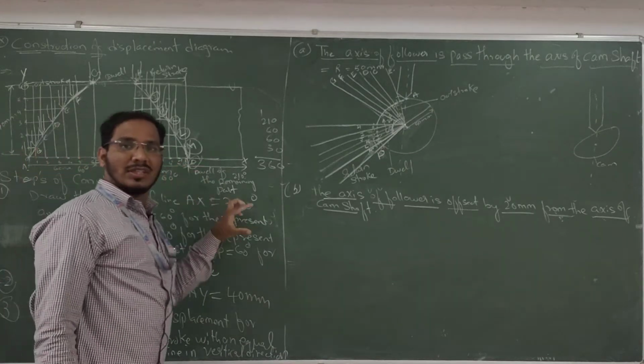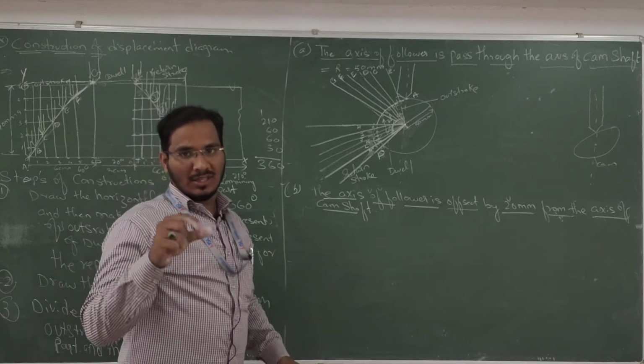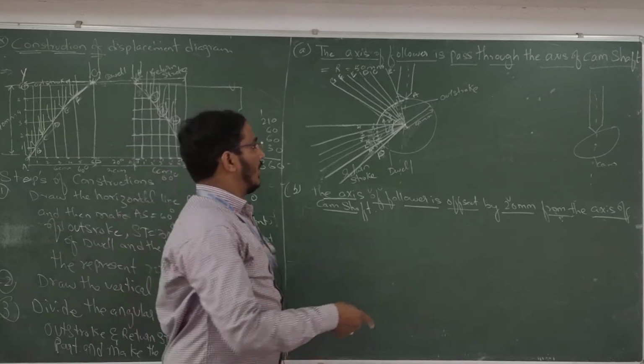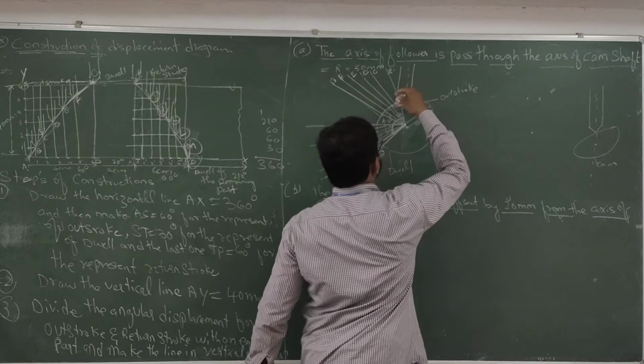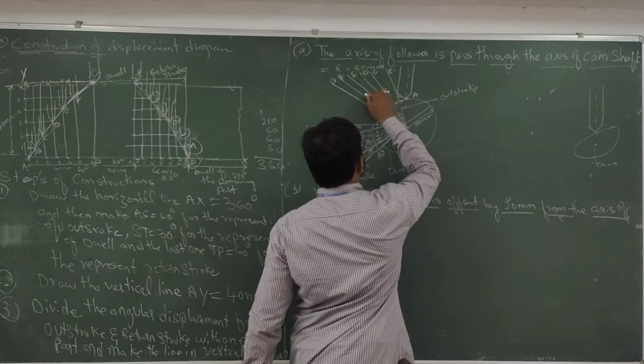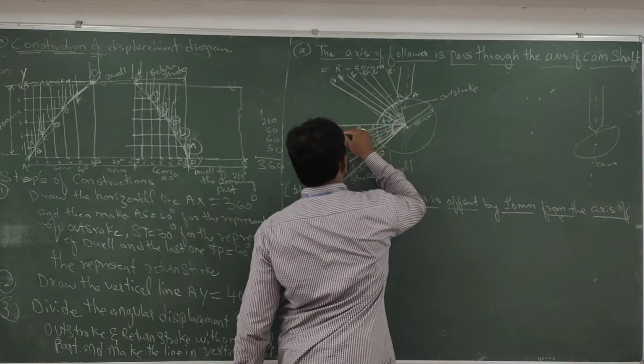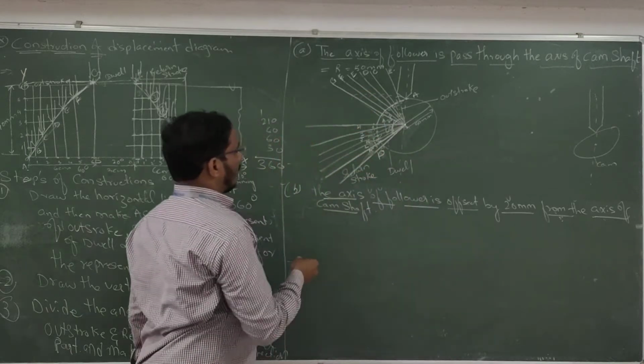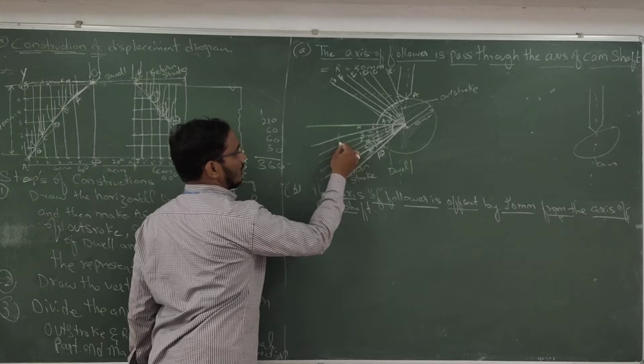Just take the distance on the scale with the help of the compass, and then make an arc here. Like that you will get the arc, and as the same, you will get the arc here also.